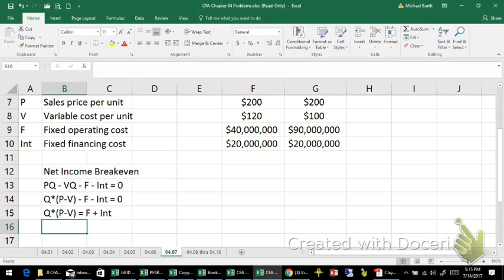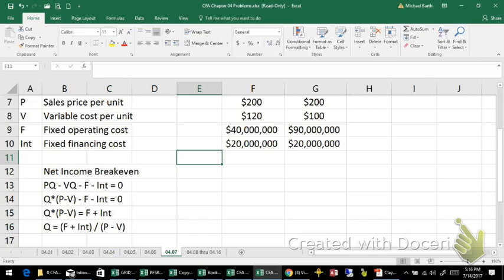So simple algebra gives me the number of units times the contribution margin has to be equal to, it has to produce enough money to pay the fixed and interest expenses. Alright, so Q would then be equal to the fixed plus the interest expense divided by the contribution margin, the price per unit minus the variable cost per unit.